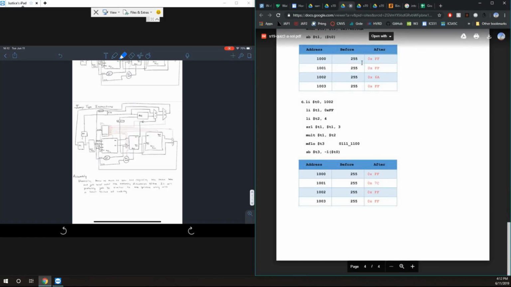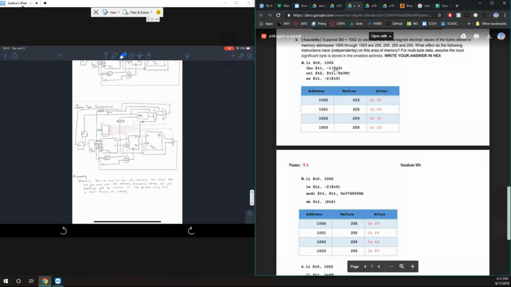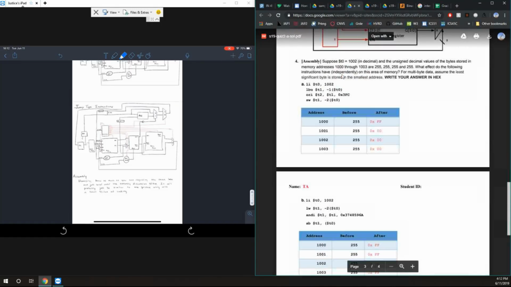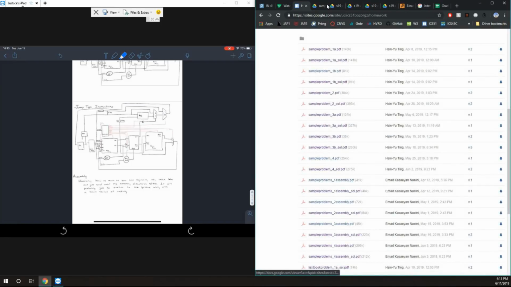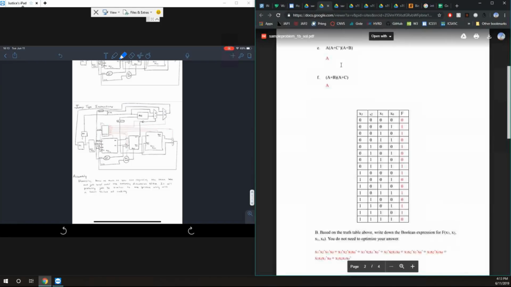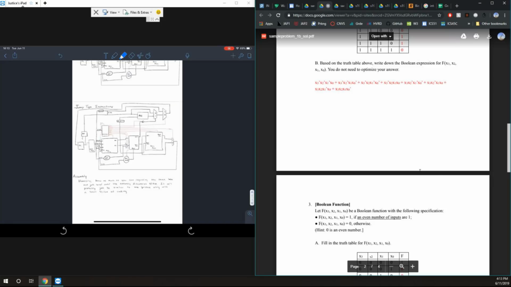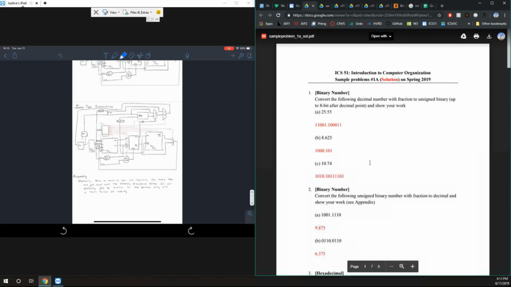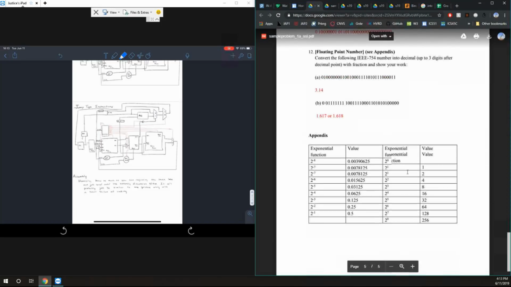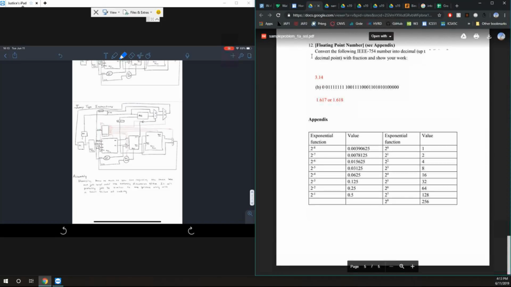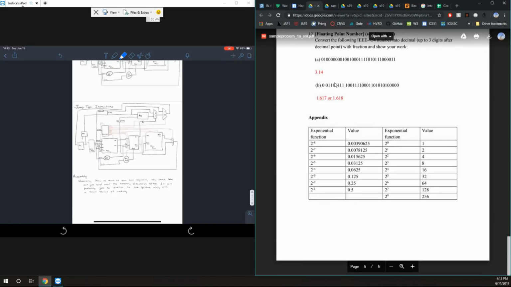Okay. What's being loaded into T0? Okay, I can go back. Hold up. I don't remember which one it was. Oh, by the way, here's the appendix. This is what was at the bottom of the test, if whoever was asking for quiz 1. Let me pull that up again. Quiz 1B.